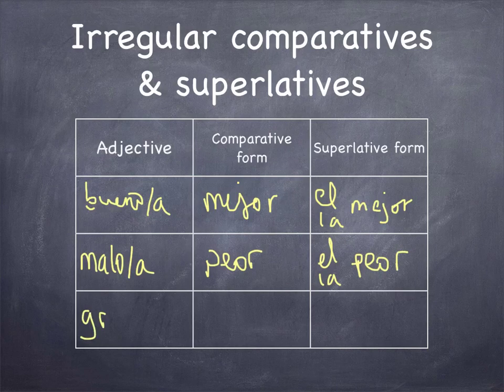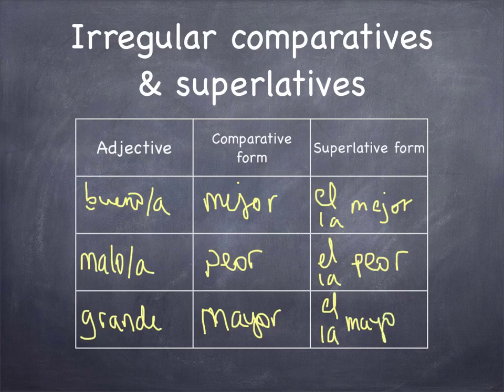Now let's take a look at grande. So you know that it means big. Mayor would be bigger, and el or la mayor would be the biggest. So we use grande when we are comparing the size of objects.